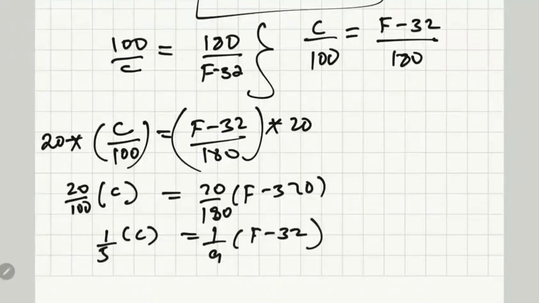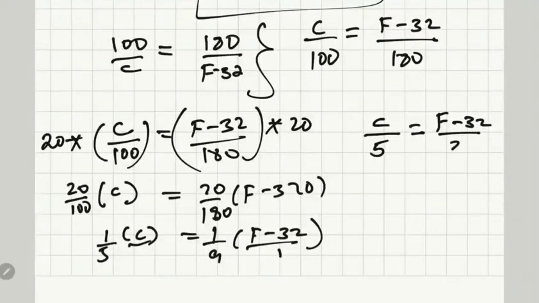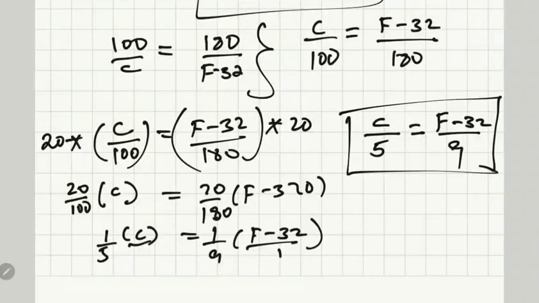Now, the simplest relationship between these two scales: C, the Celsius reading, over 5 is always equal to the Fahrenheit reading minus 32 over 9. This is the mathematical relationship between the Celsius reading and the Fahrenheit reading.